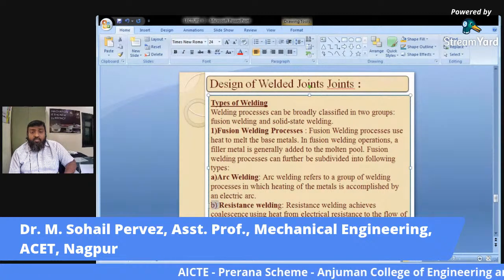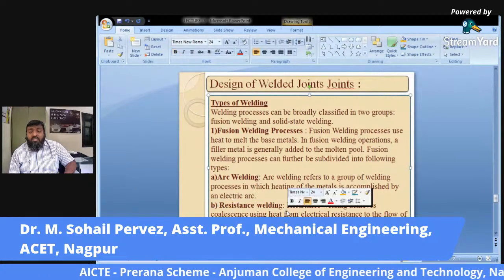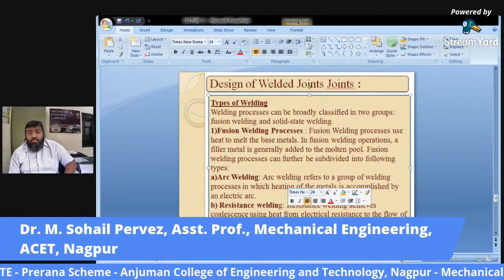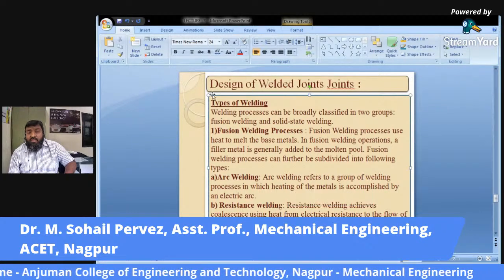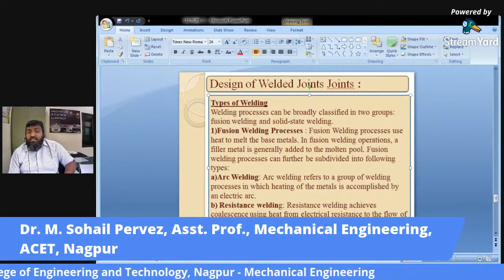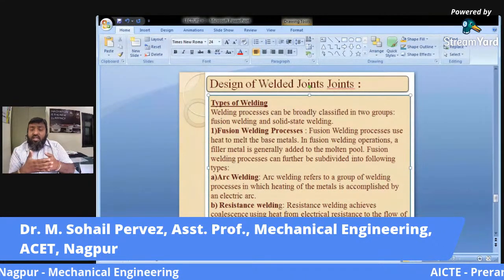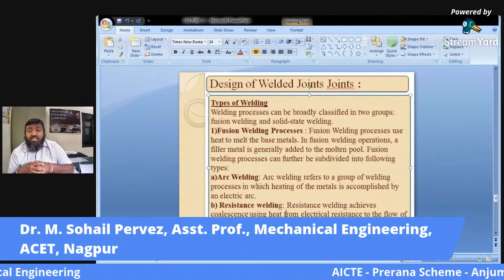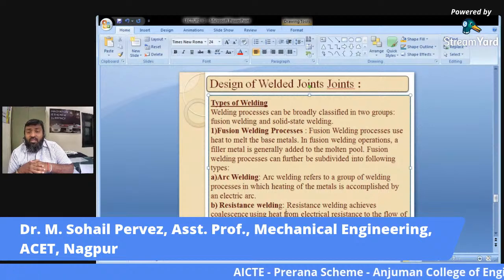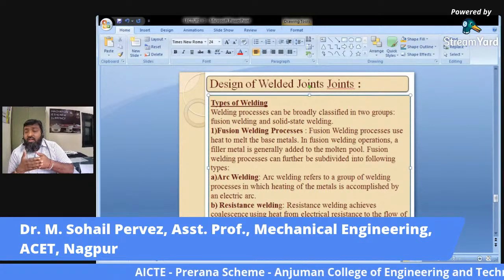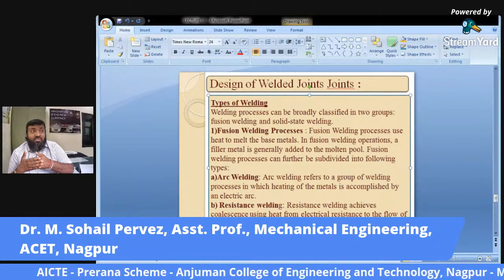Now, the next element, which is again very important, is resistance welding. How is resistance welding achieved? By electrical resistance to the flow of current passing between the faying surfaces, held together and using pressure. This is very important.